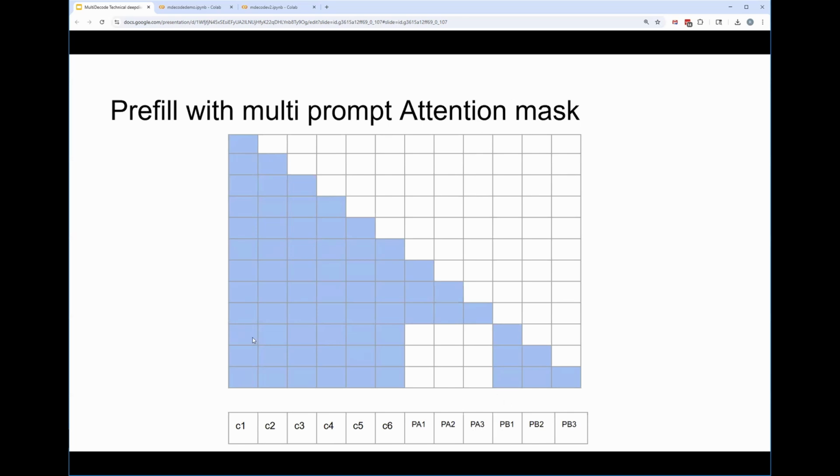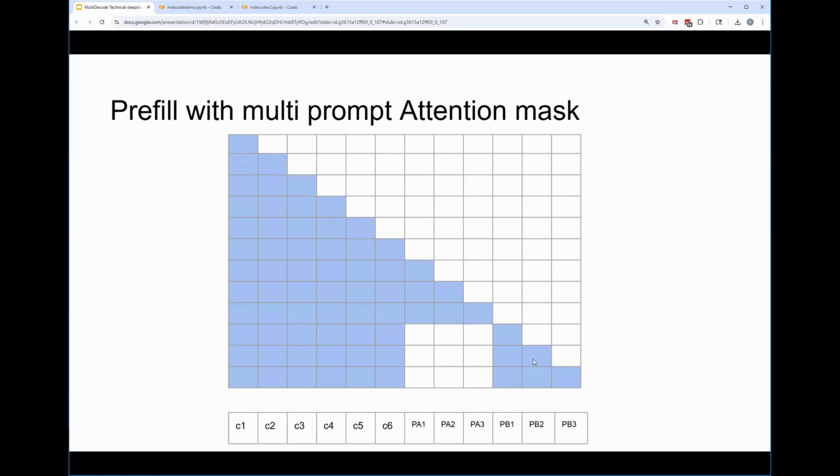So if you look at the attention mask, when you do the query for PB1, the prompt B, position 1, it's going to want to attend to all of the context, the C. It won't attend to the prompt A, and it will attend to the first token of prompt B. Likewise, the next token, when you're generating this token, it'll attend to all of the context, none of prompt A, and the first two tokens of prompt B. Did I say that right?